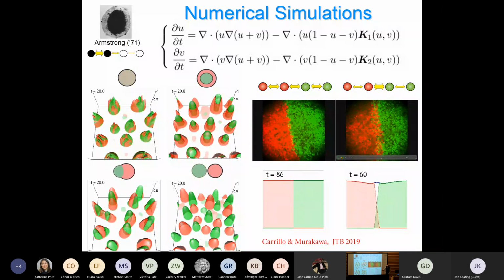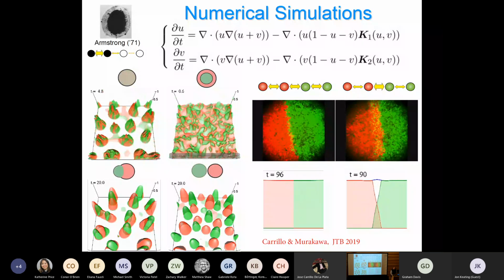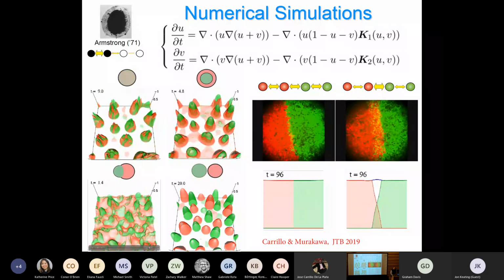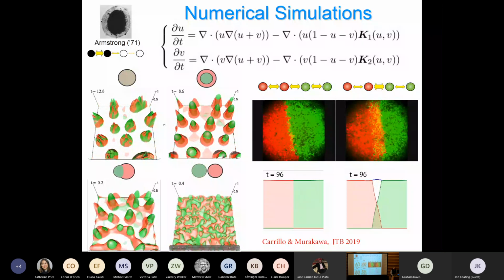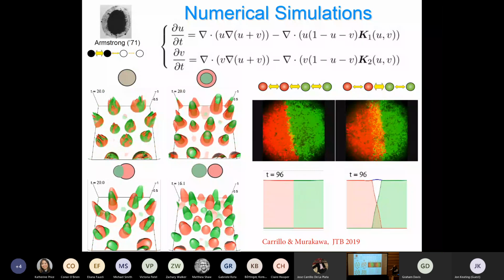And here you have the different kinds of behaviors that can happen with a random initial data, again in 2 dimensions, with that kind of model. The same initial data for each of them, just changing one parameter in the model. You can go from this, a kind of mixing between the two types of cells, to something in which one of them surrounds the other type of population.